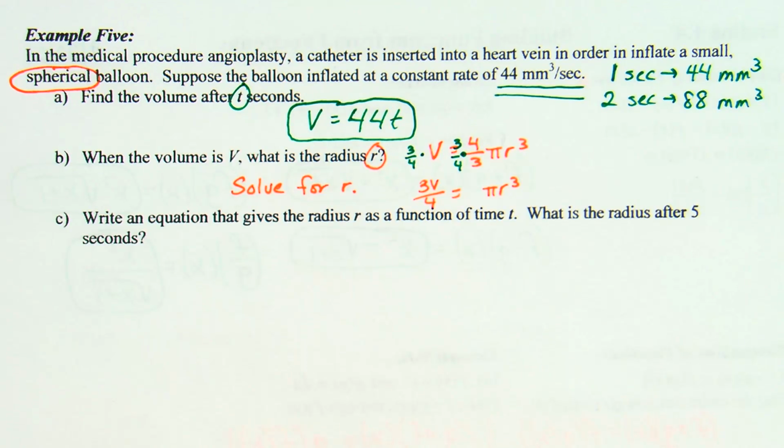How do I move the pi? If it's pi times r cubed, divide by pi. Now, when we get to the other side, we don't want to divide a fraction by a pi. We just talked about this: dividing by pi is the same as multiplying by what?